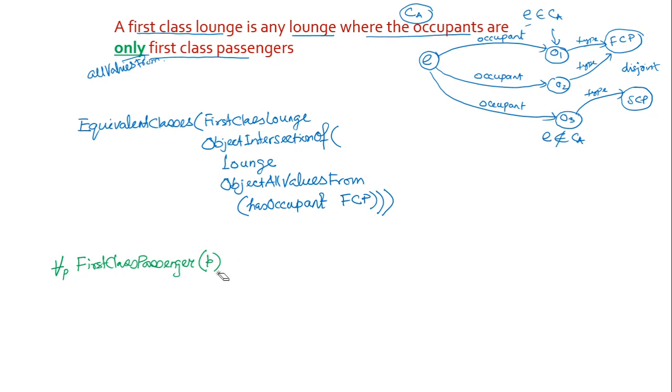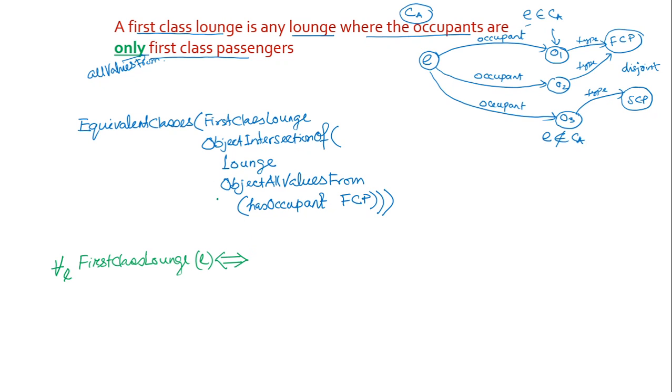Sorry. So let us use a different symbol, say L, right? And we are defining first class lounge. L is a first class lounge.